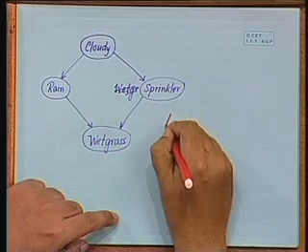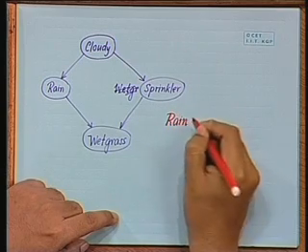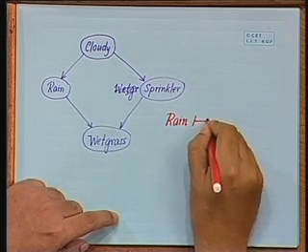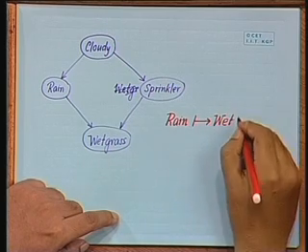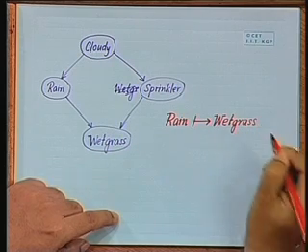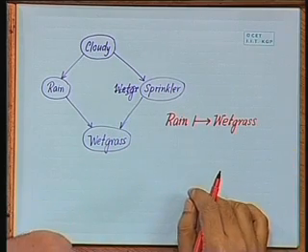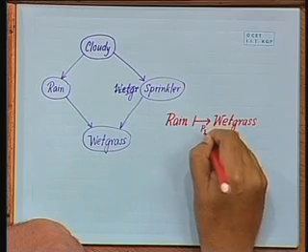We can always, in a reasoning system, put in rules like: if rain, then wet grass, and we can associate some probability with this, say P1.